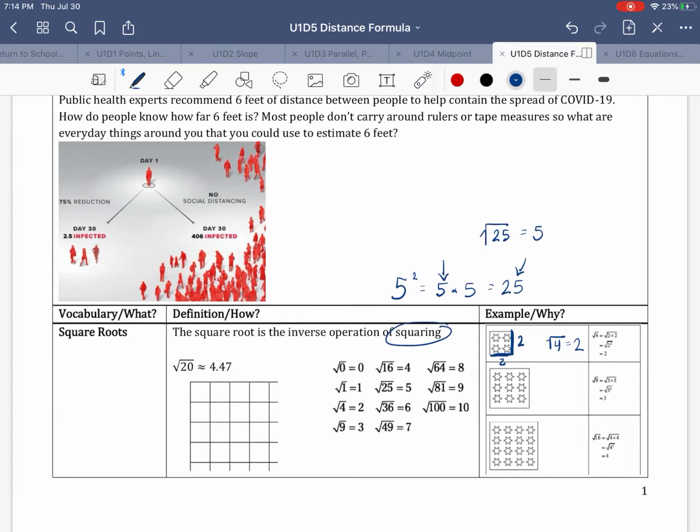The tricky part is, what if you don't have a perfect square? Let's take a look at this example of the square root of 20. Here I have 1, 2, 3, 4, 5, 6, 7, 8, 9, 10, 11, 12, 13, 14, 15, 16.